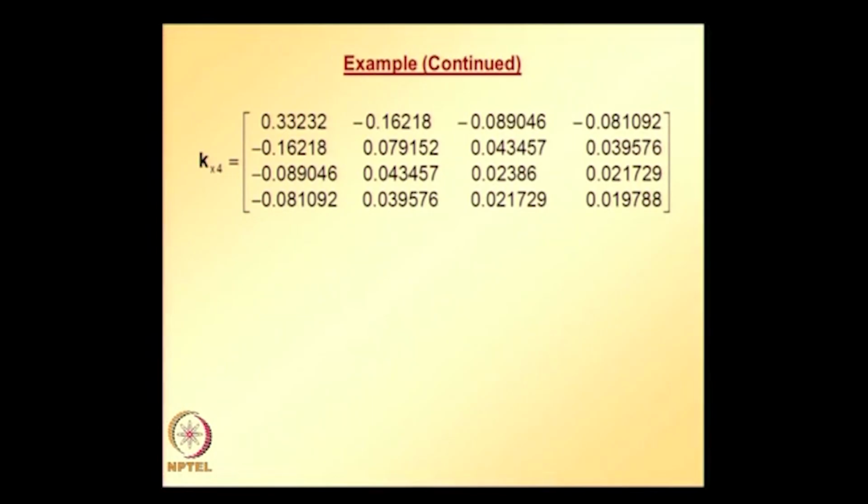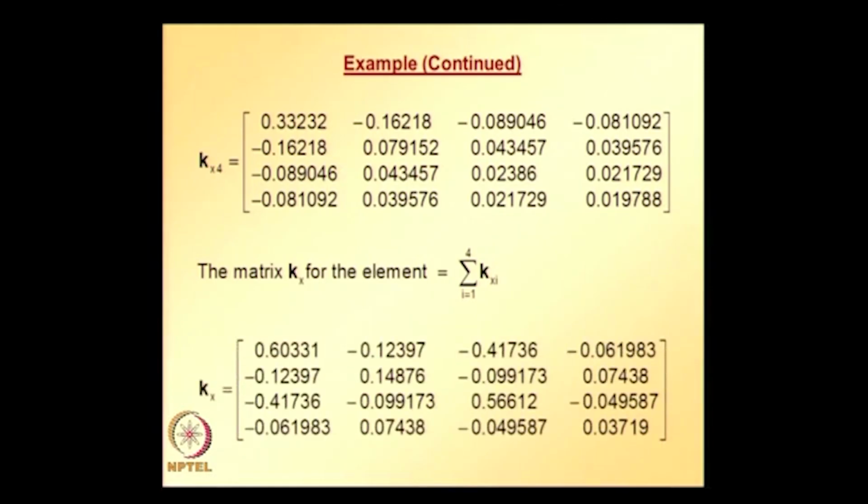Once we get the Bx vector we can do Kx times Bx transpose times determinant of J. Once we do that we get the contribution from the fourth integration point to the stiffness matrix as this, and now we need to sum up all the contributions from the 4 integration points and we get the Kx matrix as this.